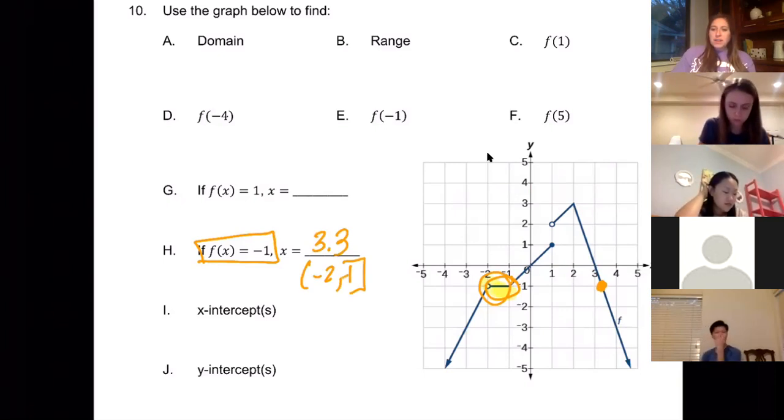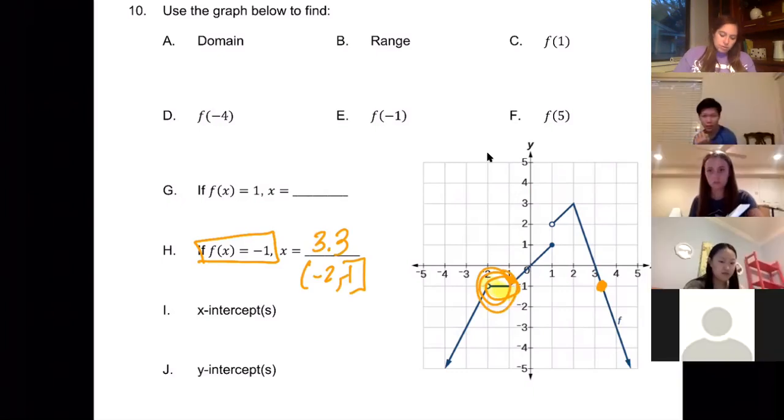I'm not sure how the answer key writes it. Does it write it in interval notation, or how does it represent this on the answer key? It's -2 is smaller than x, and then it's like that. Like that? So I would take either one.